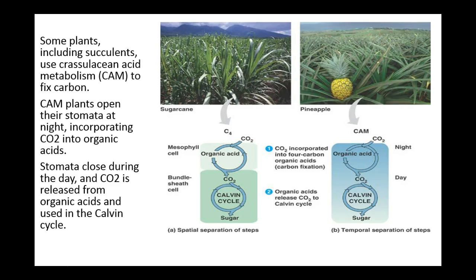A couple of other important things for you to have in your head: you have separation of steps in the C4 between the mesophyll cell and the bundle sheath. You have a time separation in the CAM plants between night and day. So those become things to maybe have in your head when it comes to test time.